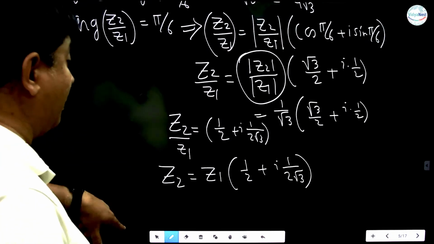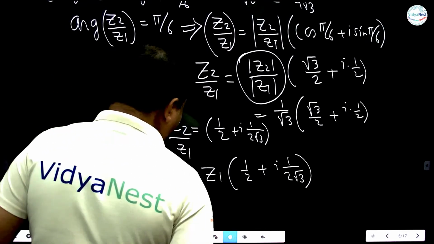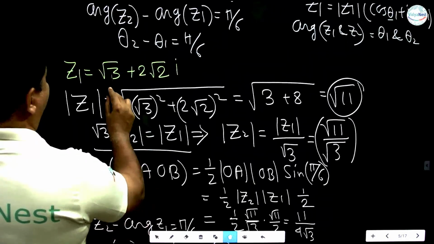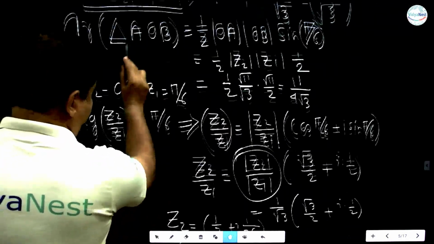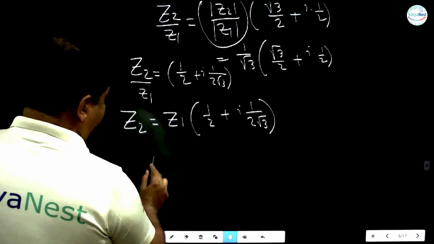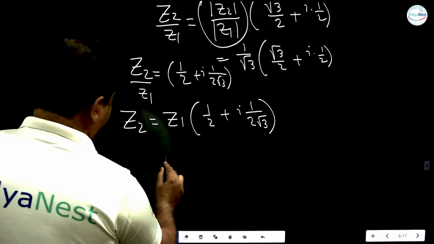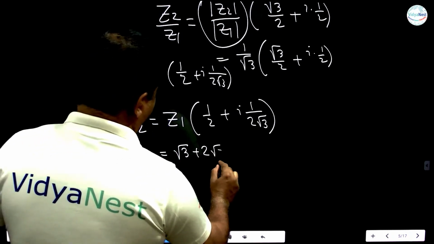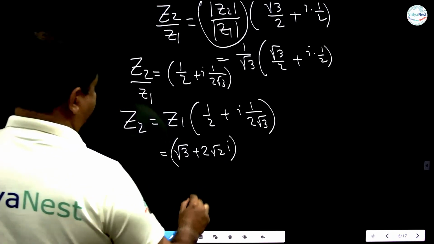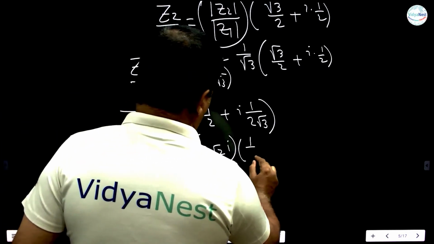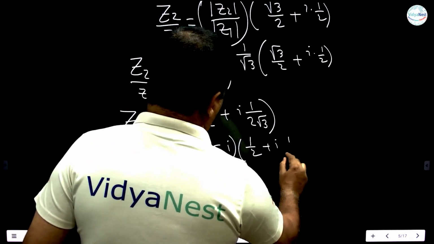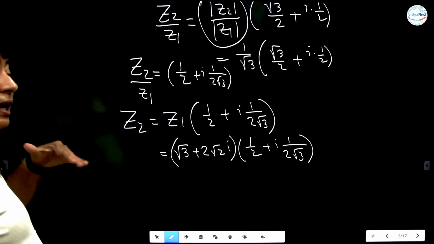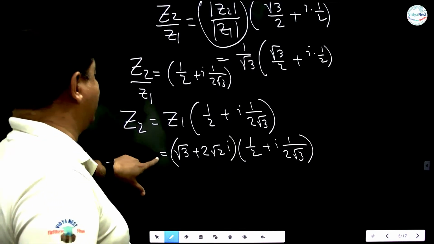Now what is Z1? Z1 is root 3 plus 2 root 2i. Put here. So I had Z1, I have got Z2.